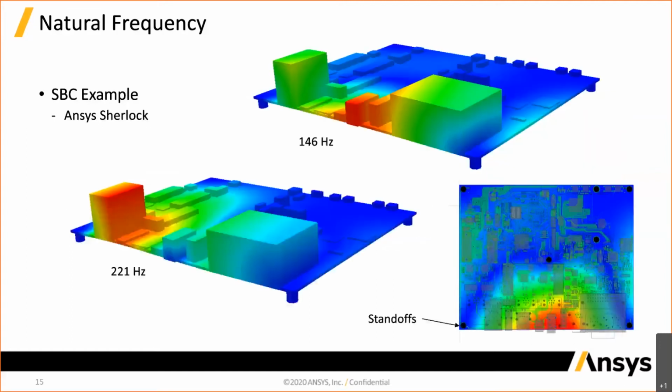So this is a quick example. This is a single board computer. I pulled the fabrication files, brought it into Sherlock, generated the 3D model, and ran a modal analysis. At every mounting hole, I added an aluminum standoff. And we ran it through, and we can see that this board is relatively low.